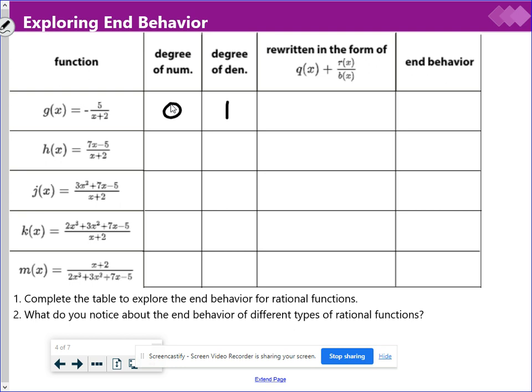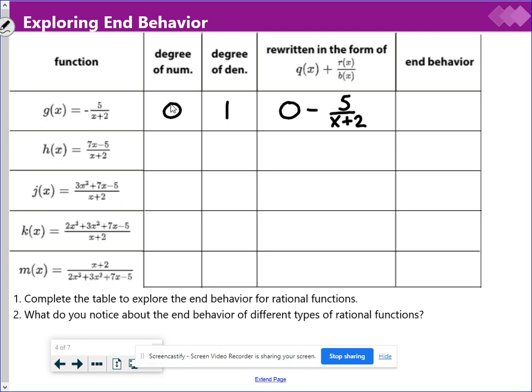I would just have a 0 when I do my division, and I would subtract, and I would just have a negative 5, which is what I have right now, over this thing that doesn't change. It's just going to be x plus 2, right? The 0 is like the whole number part, don't have anything.